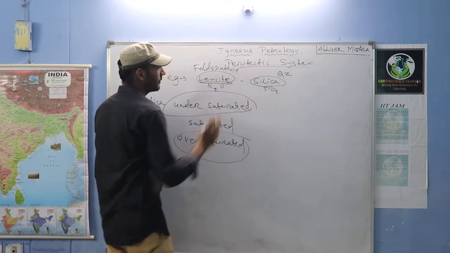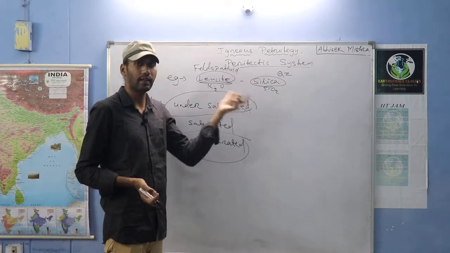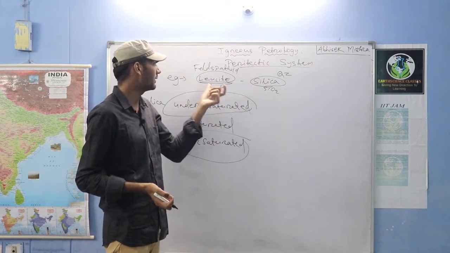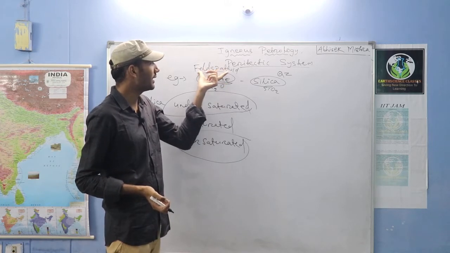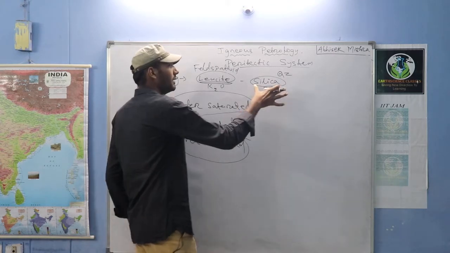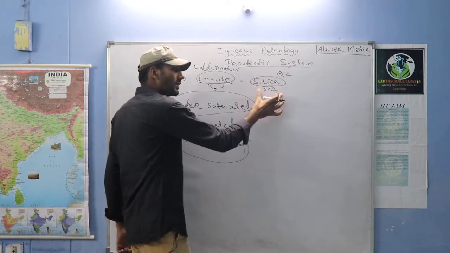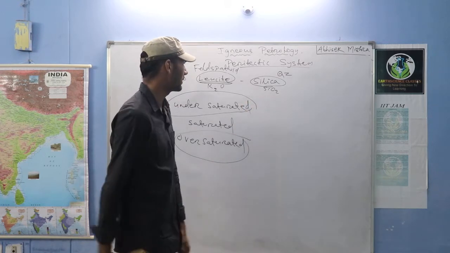It is potassium aluminum silicate, so it is a silicate mineral, but that is an undersaturated feldspathoid. And silica means quartz. Quartz is oversaturated. It is pure SiO2, so that is oversaturated.